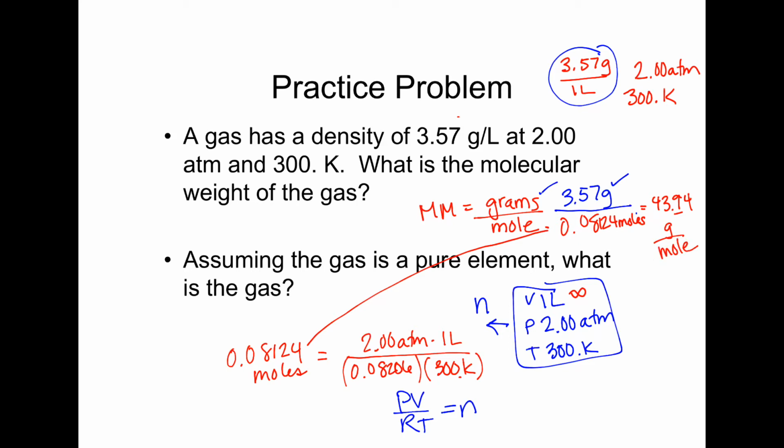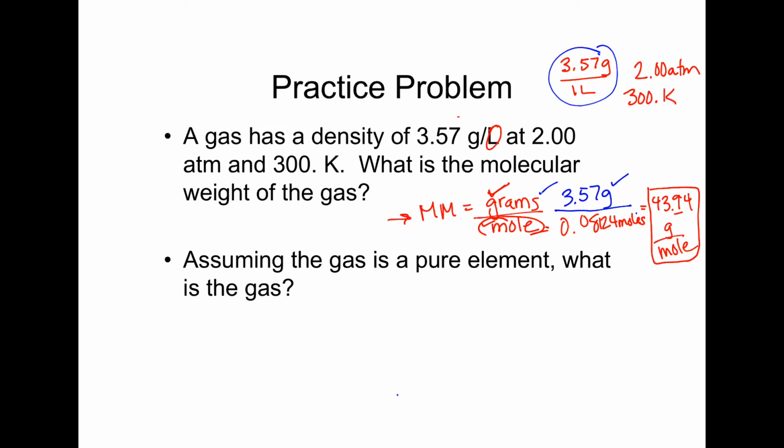All right, so what we did is we were able to calculate the molar mass by assuming that we had 1 liter, and then using the molar mass equation, grams per mole, we would know the grams. We used the ideal gas law to find the moles, and we found that it weighs about 44 grams per mole. Now this problem down here, assuming the gas is a pure element, what is the gas?